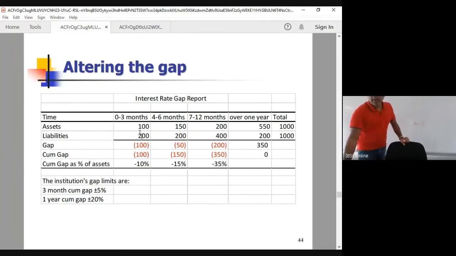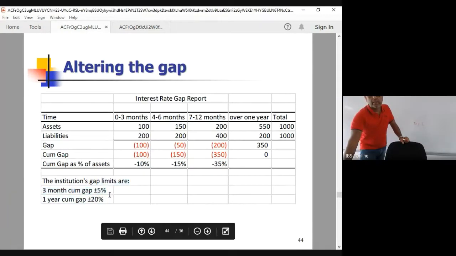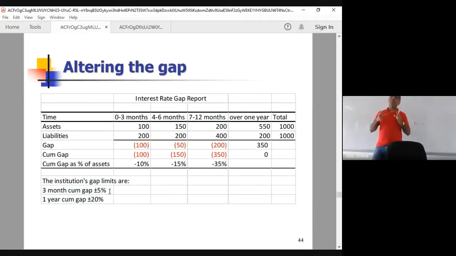So in that kind of scenario, what has the management said? Okay, look, we know that interest rates can go up or down, but we want to limit the risk to the bank through the movement in interest rates in that particular bucket. We know you can make money going up, we know you can make money going down, but we don't know which direction interest rates are going to go.